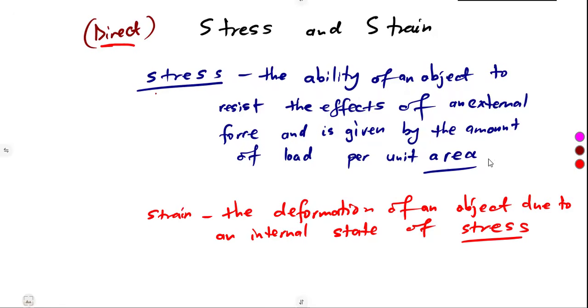So if we see on these presentations, I'm not referring to the symbols, because when we just say stress, it can be under direct or it can be under a shear. So as we consider the direct stress now, the issue now is on the symbols that we are going to have.